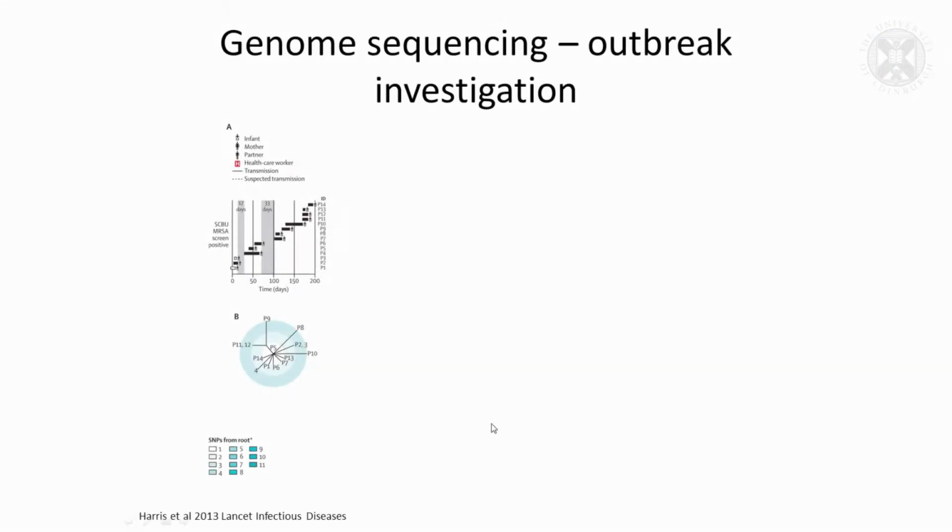But there's an example here where there was an outbreak in a hospital. It was in a neonatal hospital. And you can see here, these are babies, and this is time. And you have babies carrying MRSA in this case. The grey areas here are times when there was no MRSA found in the ward.